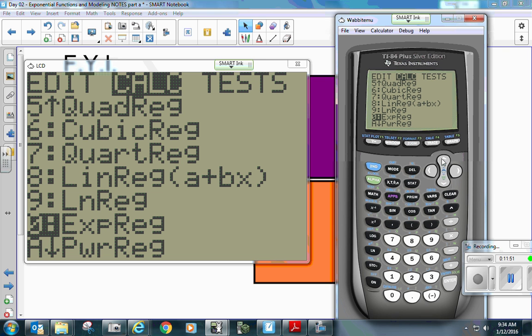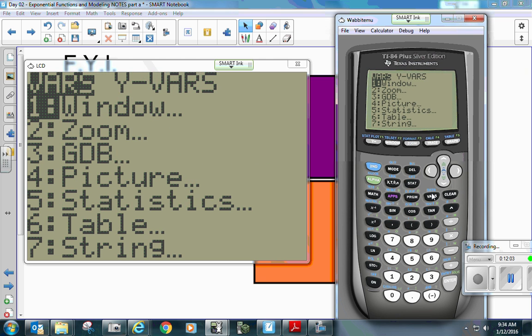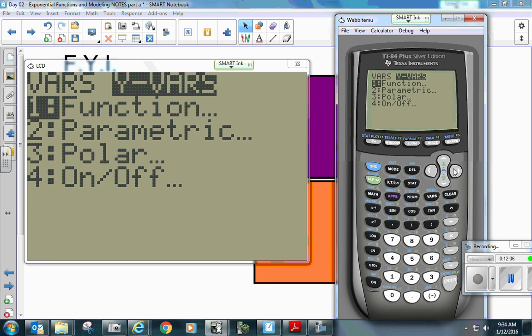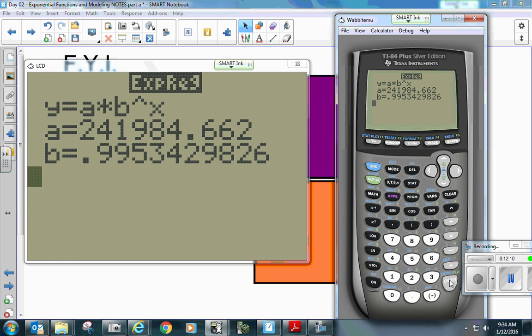Our variable is the exponent. So I hit enter, and let's put this into y1, so when we look at our table, we don't have to retype the whole equation in. Anyone remember how to get y1? Y bars, I hit enter twice. Okay. Good. I'm going to calculate it. There you go. That's what it should be.